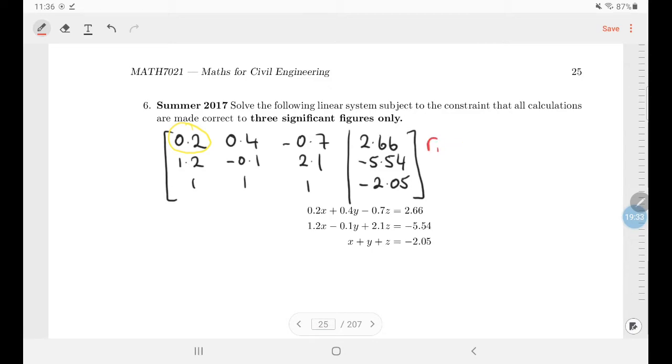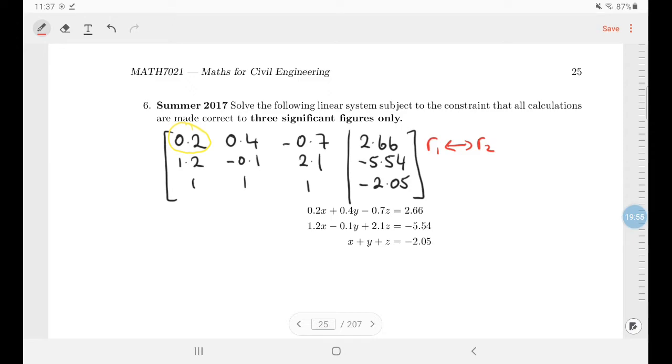So you're going to do row 1 swapped with row 2. Now what you don't have to do, and I actually don't recommend it, is put them in order 1.2, 1 and 0.2, because there's only one of them you're dividing by. And as you'll see, sometimes if you do that, you'll have to do an additional pivot later on, which we'll talk about. So I don't actually recommend that you write this frame.